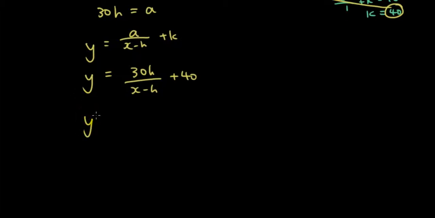So y dash is equal to, and just before we get y dash, I want to rearrange y so that I have 30h bracket x minus h to the power of negative 1 plus 40. Right, using the basic index law that I can move whatever's on the bottom to the top if I make it to the power of negative 1.